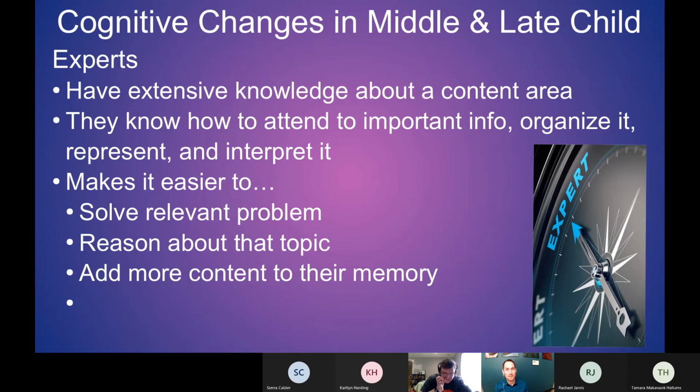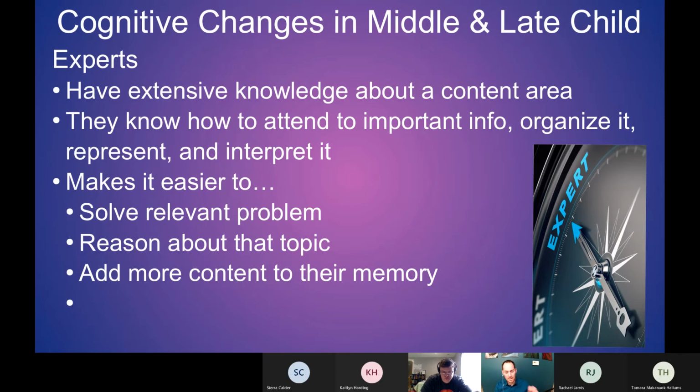But I do want to remind everybody that children have these capacities. So a middle or late child should be supported in the things that they're interested in, should have a lot of opportunities to try different things according to what they would like to do. And if they continue on with something, they absolutely could become an expert in it, even in late childhood, which I think is pretty neat.